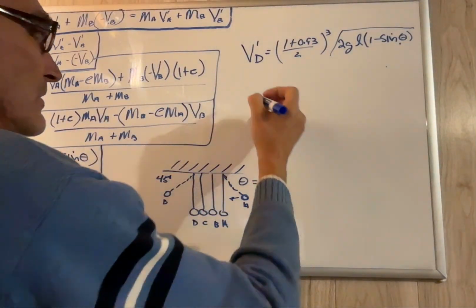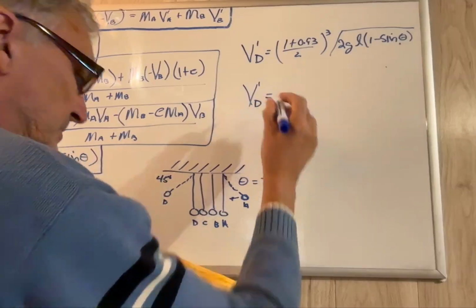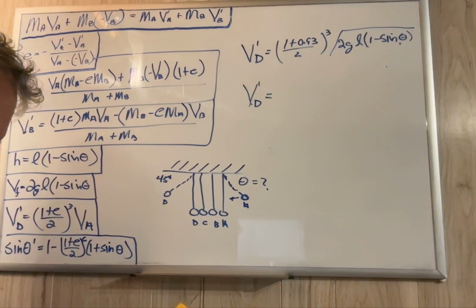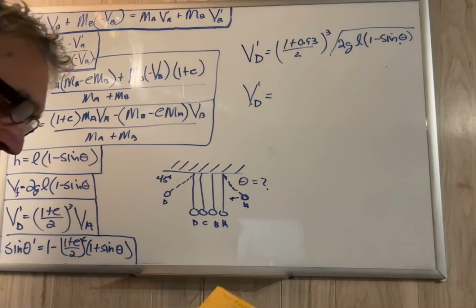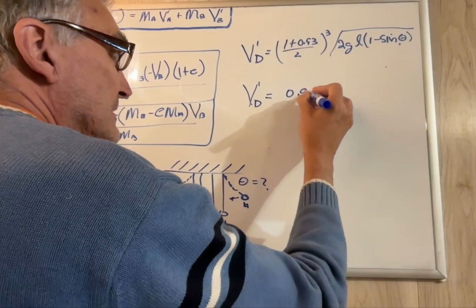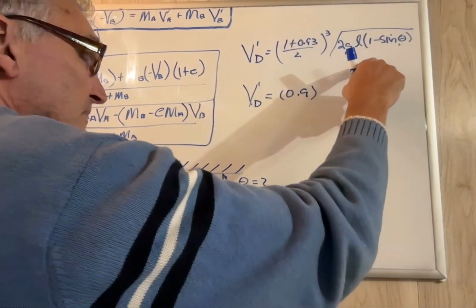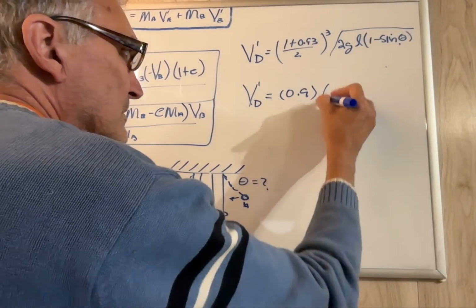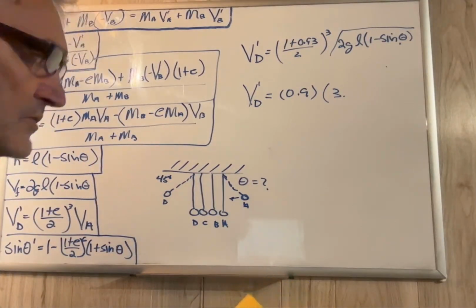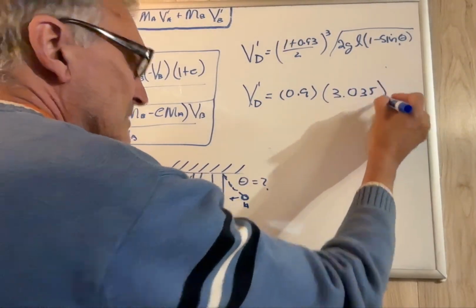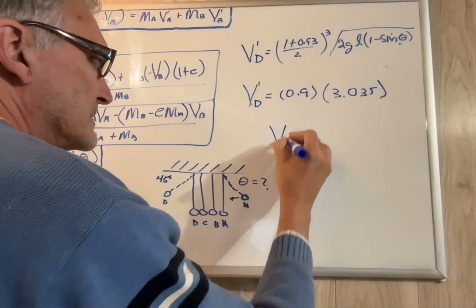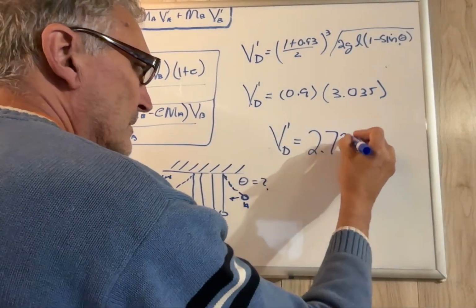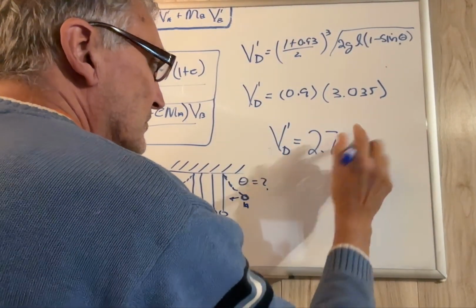We are going to get that our velocity D prime is approximately 0.9, because it's 90% of this velocity, times 3.03, 0.35, and then our velocity D is going to be about 2.73.